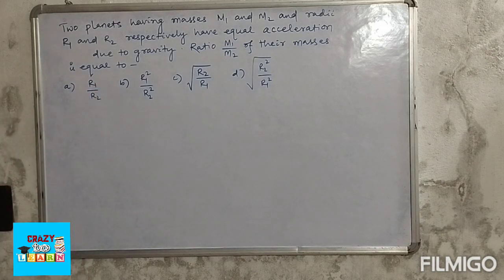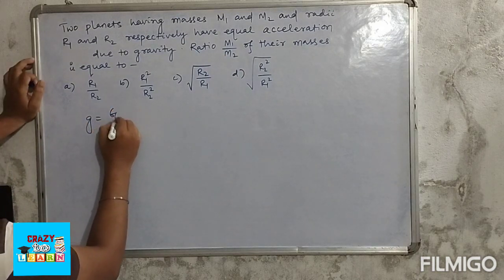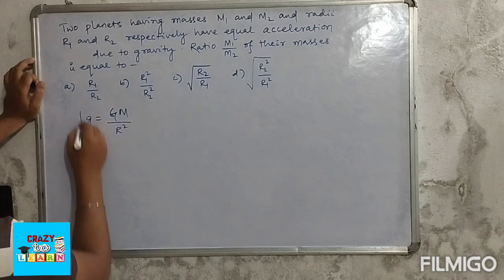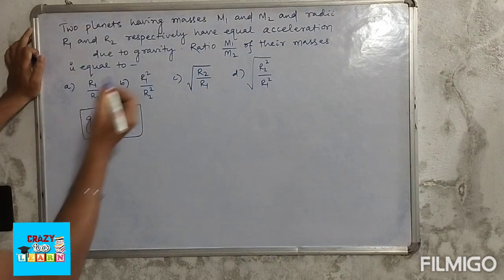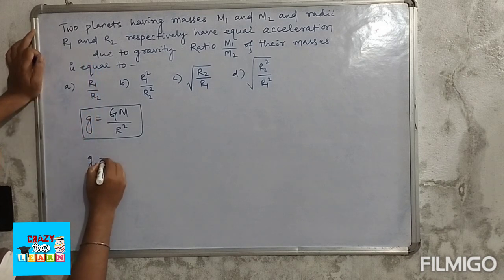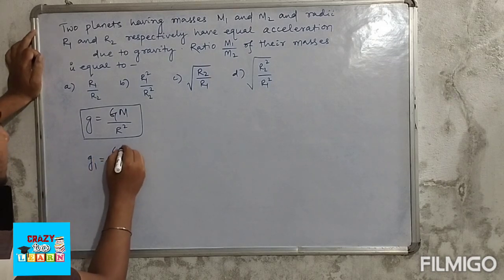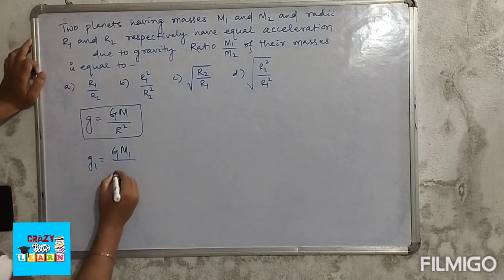We know the formula of acceleration due to gravity, small g is equal to capital G m by r square. Similarly, the acceleration due to gravity of the first planet, small g1, is equal to universal gravitational constant capital G into mass of the first planet, m1, divided by radius of the first planet, r1 square.